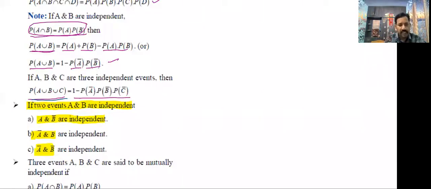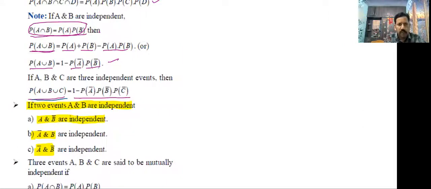This is the important condition. Both are independent events only.